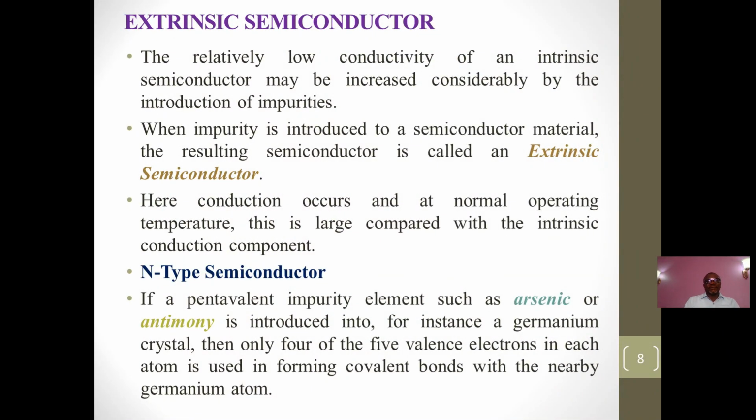Now, like we have said, semiconductors are of two types, intrinsic and extrinsic semiconductors. Now, we've talked about intrinsic semiconductors, which is when they are in their pure state, behaving like insulators.